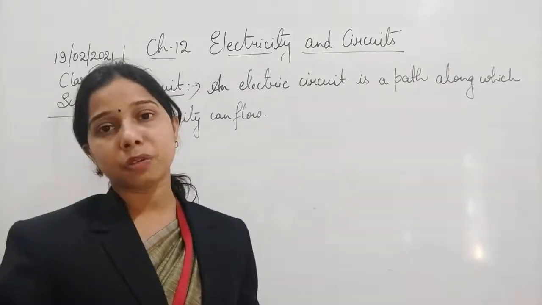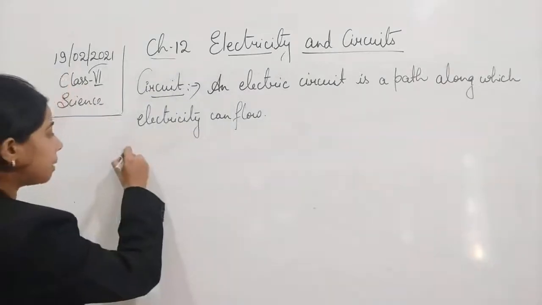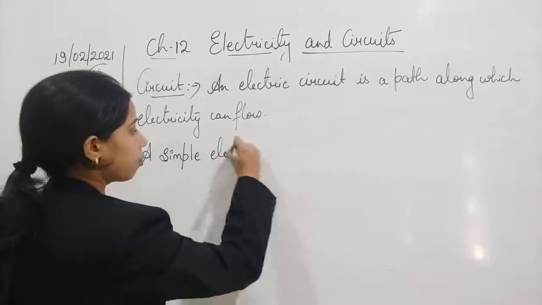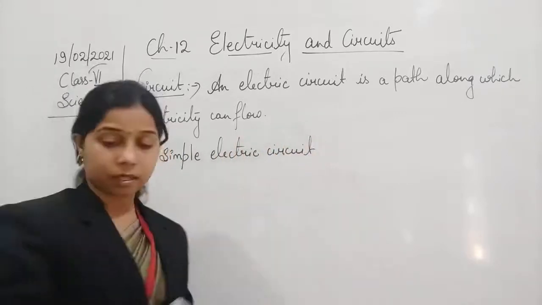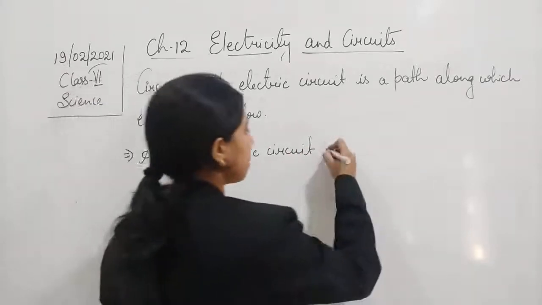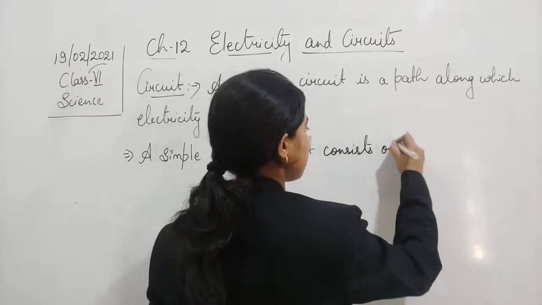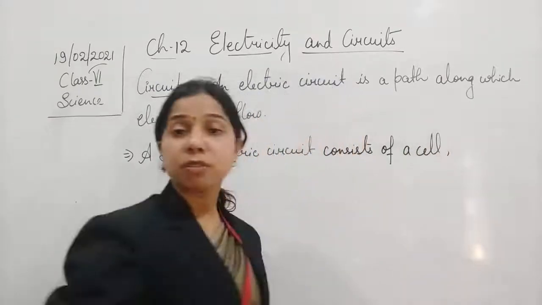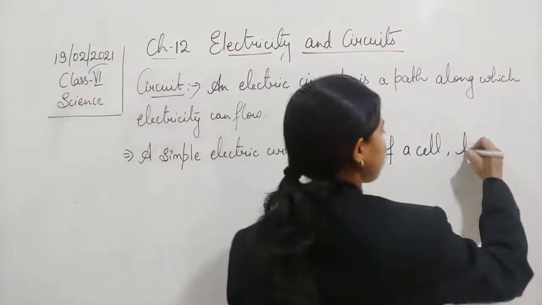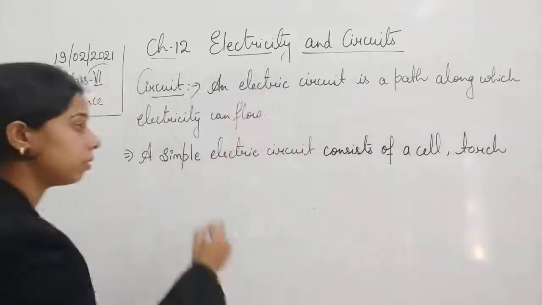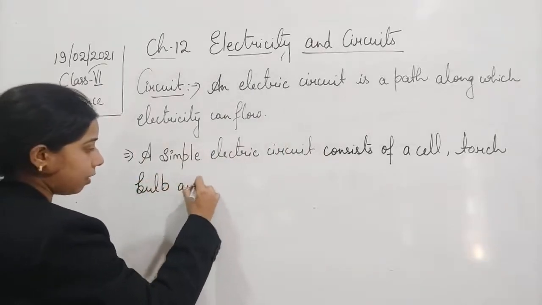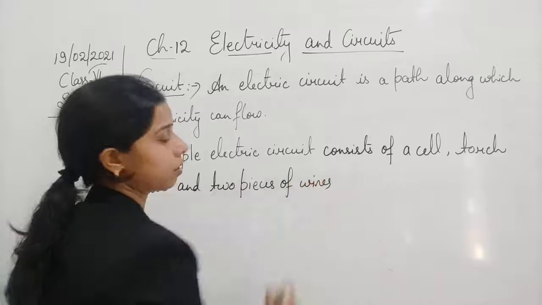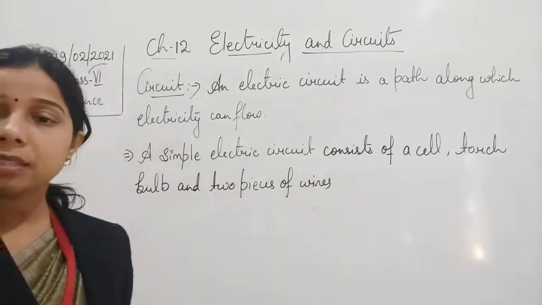Now, what does an electric circuit consist of? A simple electric circuit consists of a cell, a torch bulb, and two pieces of wire.